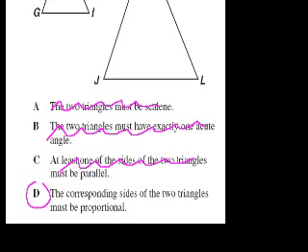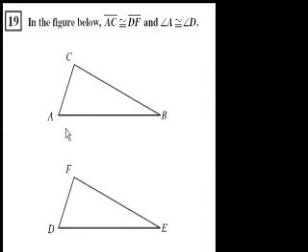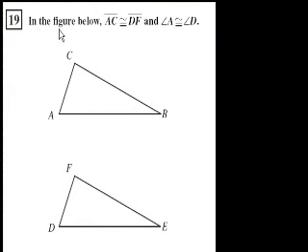Question 19. Let me erase this. Okay, I have copied it, and now I am pasting it. In the figure below, AC is congruent to DF. So they're equal to each other.